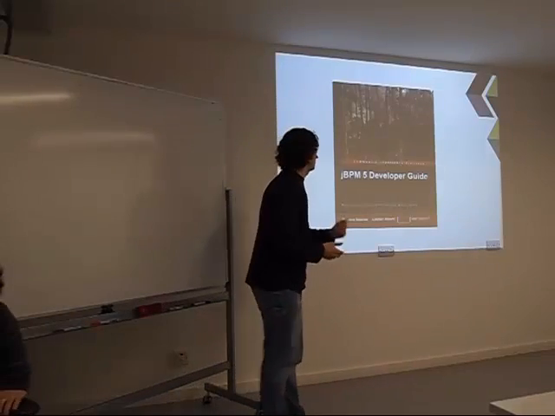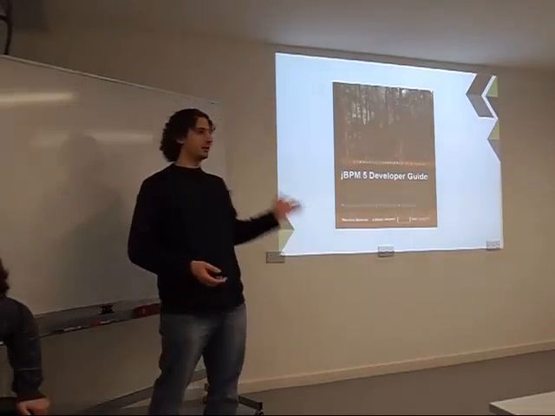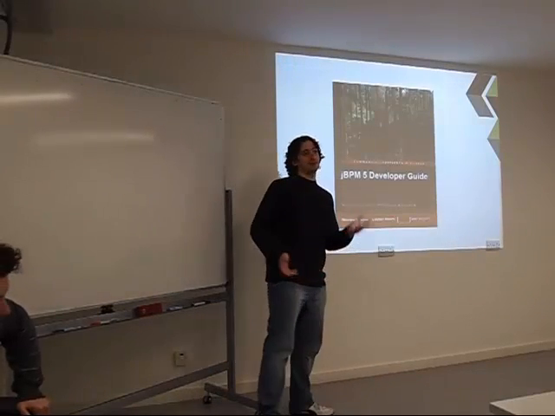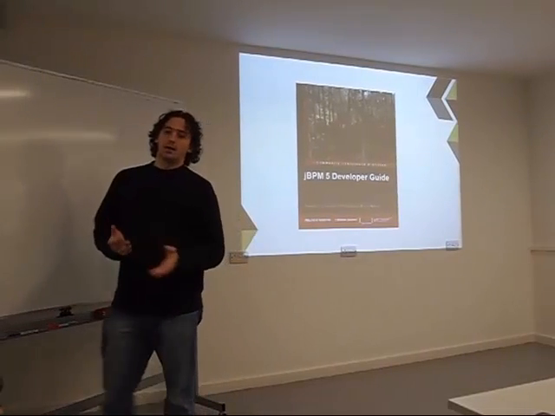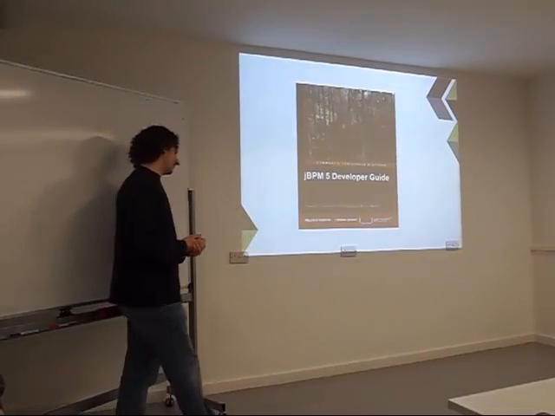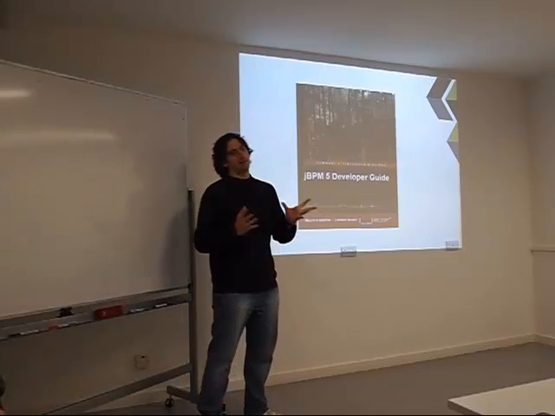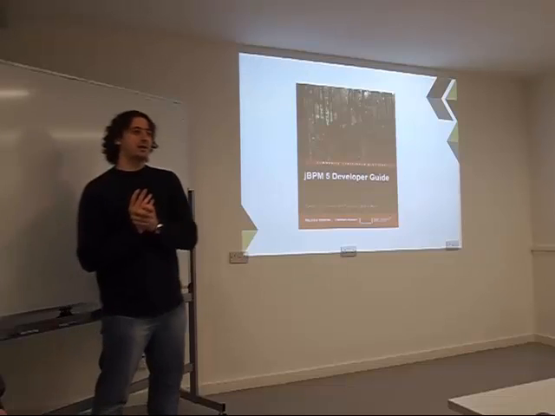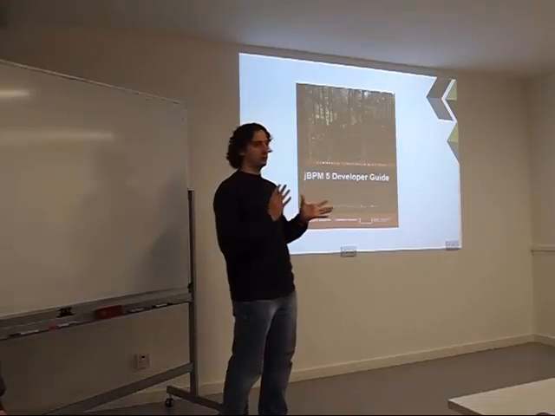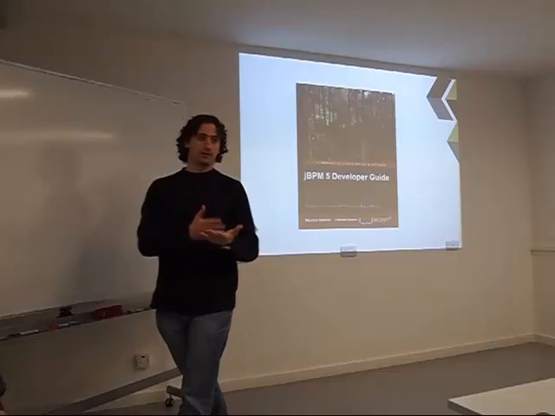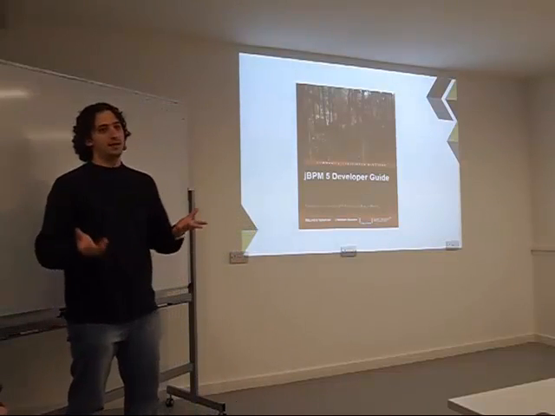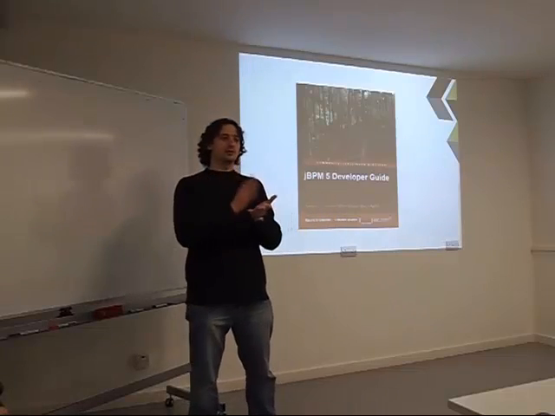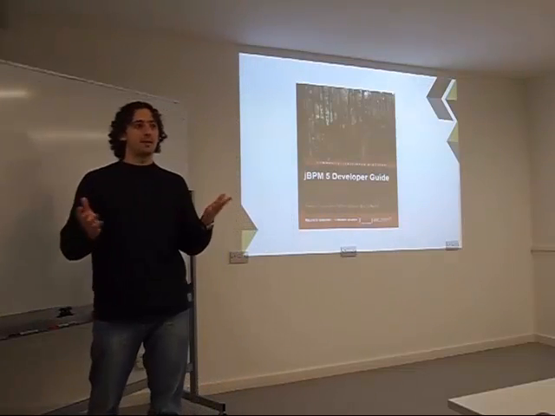So this is the book, JBPM5 Developer Guide. It's the second book from Mauricio. Mauricio also wrote, as he said, the JBPM3 Developer Guide. And there is a funny story about this book, and is that we had some discussions with the publisher, because for the publisher, this book was just an update from the previous book, the JBPM3 Developer Guide. But the thing is that JBPM5 has a completely different source code. It is not a fork, or it is not based on JBPM3 or 4.